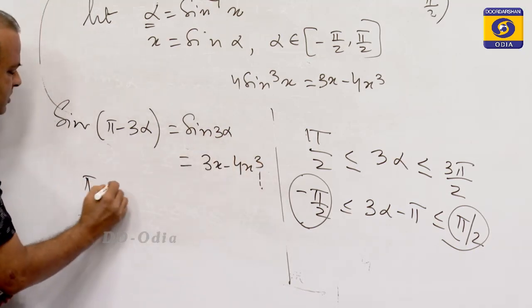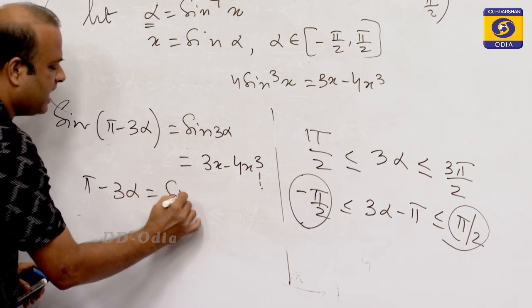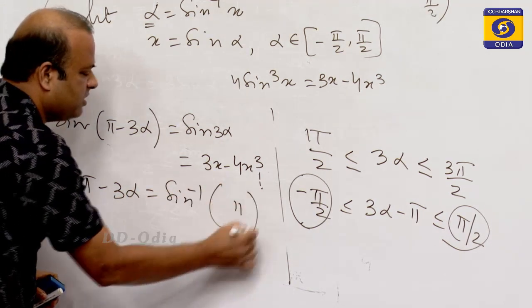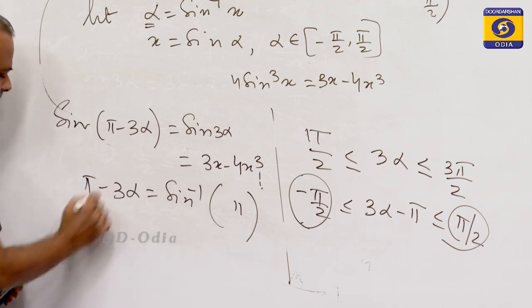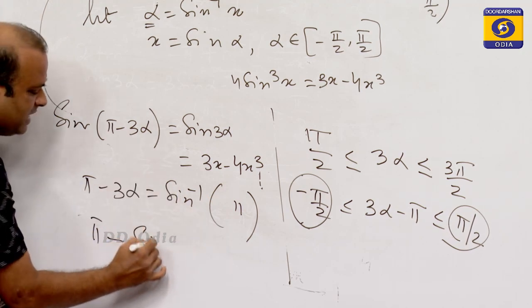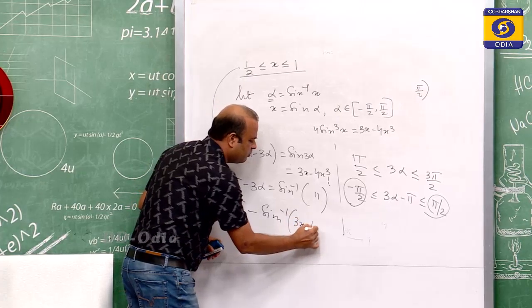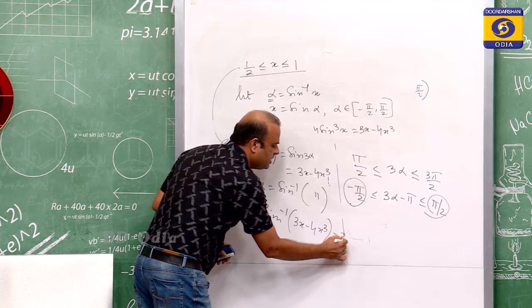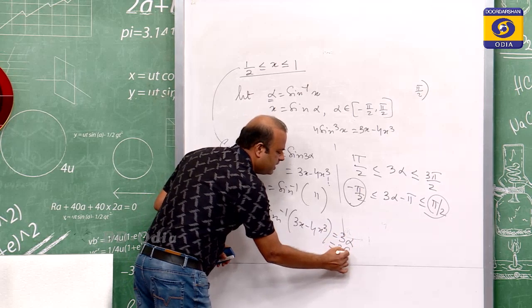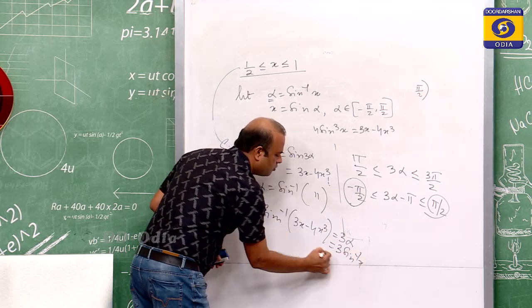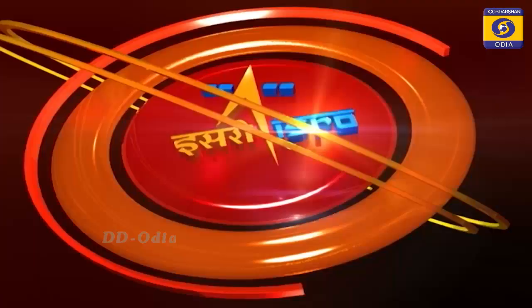So pi minus 3 alpha is equal to sin inverse (3x minus 4x cube). Now taking this to the other side, pi minus sin inverse (3x minus 4x cube) is equal to 3 alpha, which is equal to 3 sin inverse x. So we have proved it by taking the case.